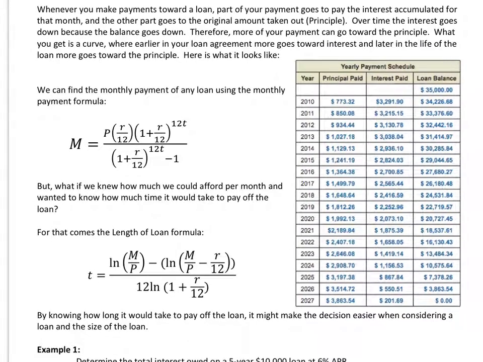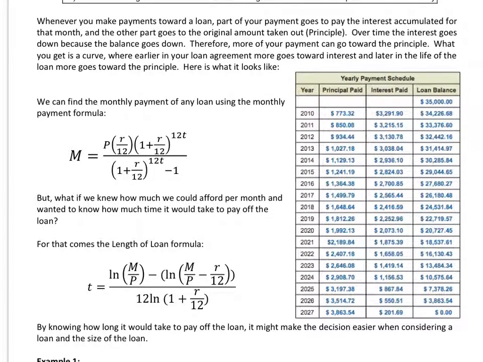When you are paying a loan, because the loan is accumulating interest every single month, when you make a monthly payment, let's say for example you have a mortgage and you're paying $1,000 a month, with interest accumulating every month, you aren't actually paying the full $1,000 towards the balance of your loan.